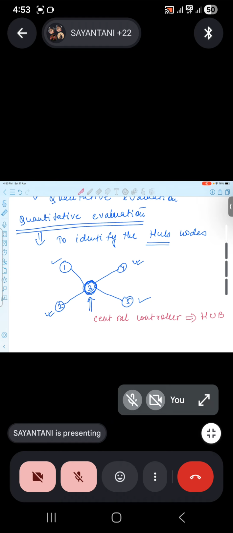Now the brain network I showed previously, you cannot directly identify a hub just by eye estimation, right? Because it is not a simple structure like this. Over here you can easily identify 3 is a hub. That is why we need some quantitative evaluation.